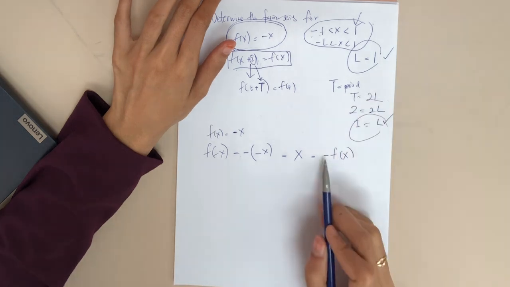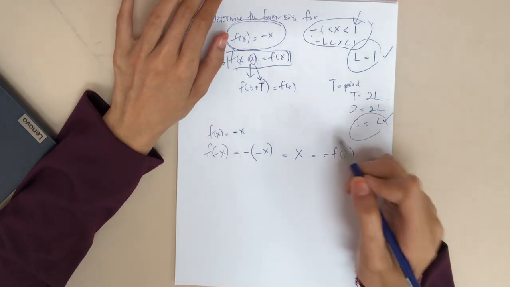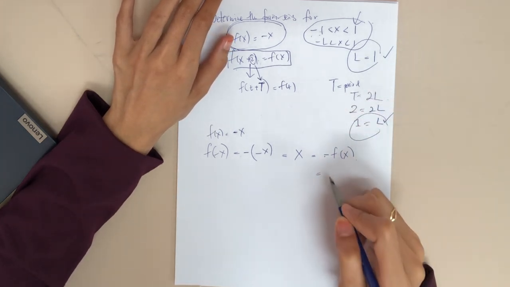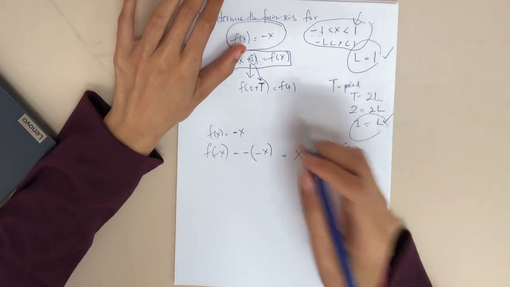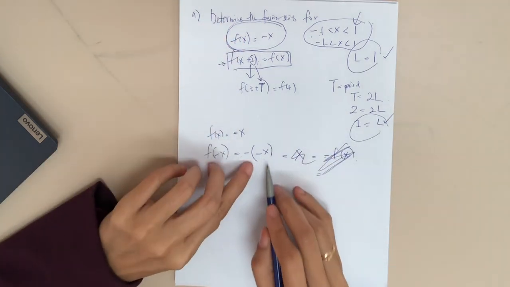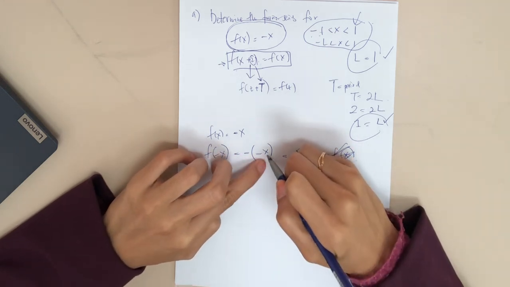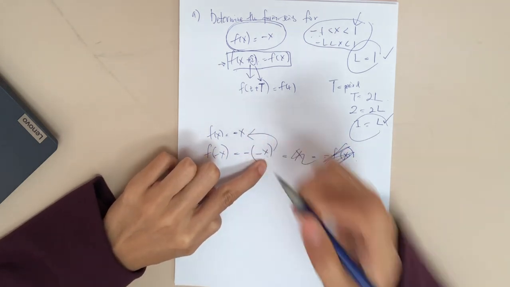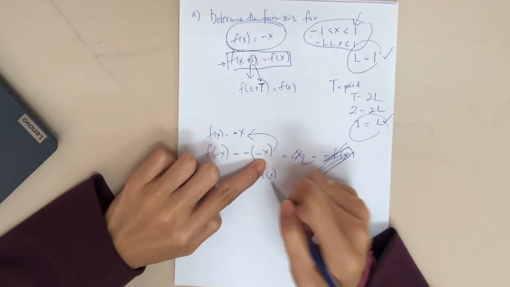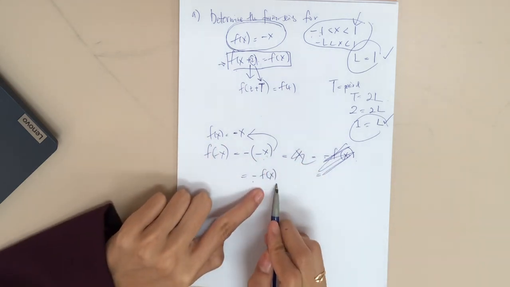I'm not sure whether you are clear or not, so let me erase and do it like this. The negative is outside here, and then negative x is equal back to your f(x). So you get negative f(x).